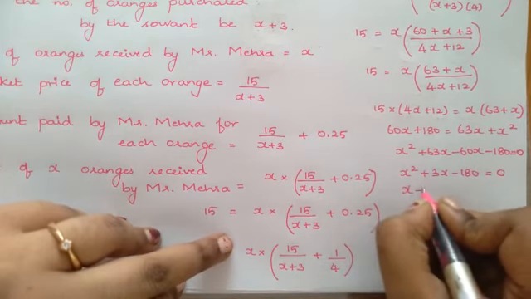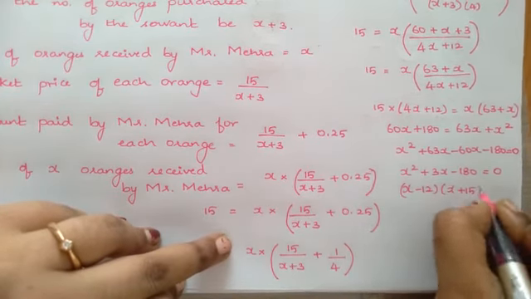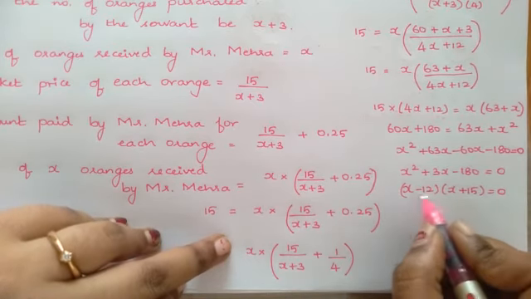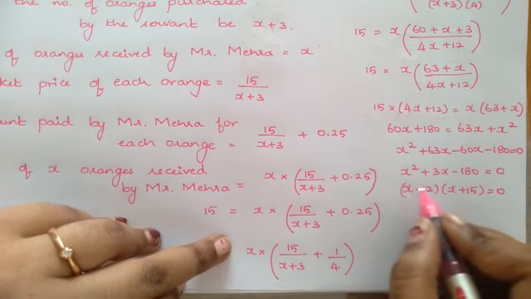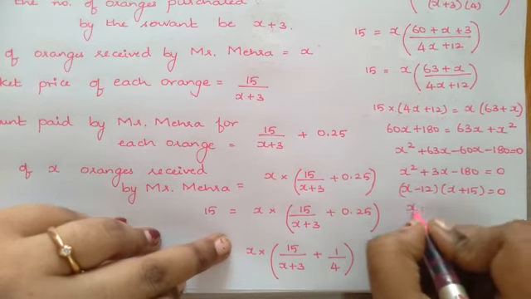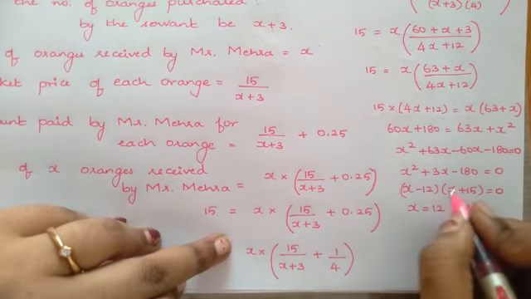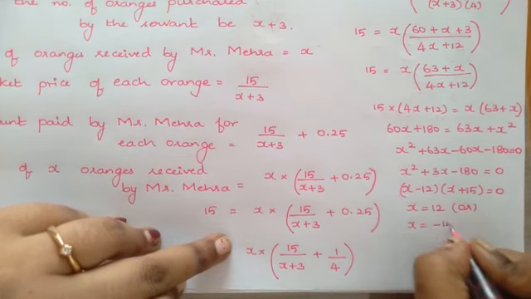This is x minus 12 into x plus 15 equal to 0. So now what happens here? Let's equate each binomial to 0. When we take x minus 12 to 0, what happens? X will be 12. Or if we equate x plus 15 to 0, what happens? X will be equal to minus 15.